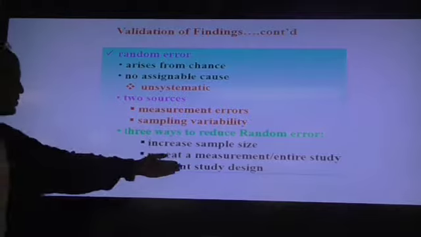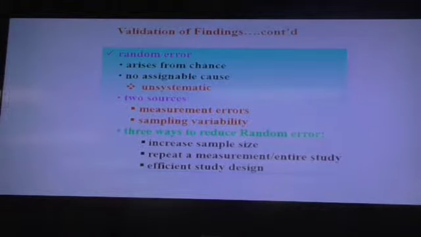Again, there is no alternative to having what you call an efficient study design. So instead of just reporting a case control study, you better go for a cohort study, and then the more powerful one, which is experimental design. So efficient study design will also help you to reduce the random error.